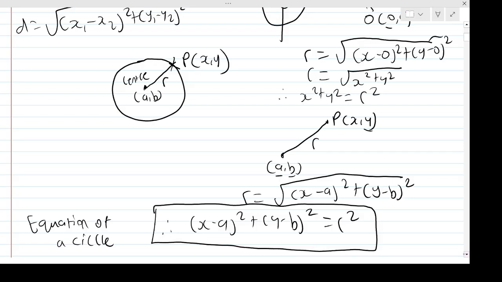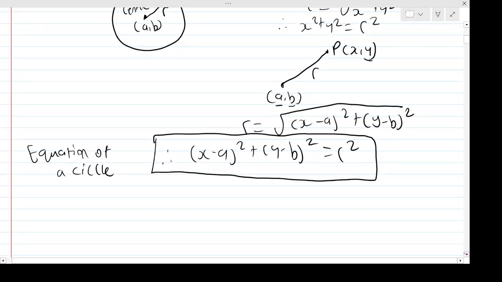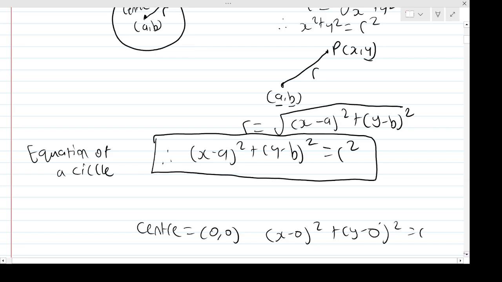It doesn't have to be at the origin. We can get the origin formula if we just take the centre to be (0, 0), and therefore a would be 0 and b would be 0. If we substitute that in, we would get (x minus 0) all squared add (y minus 0) all squared equals r squared, and therefore simply x squared plus y squared equals r squared.